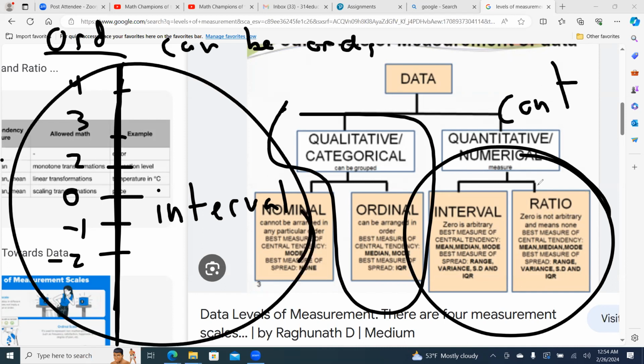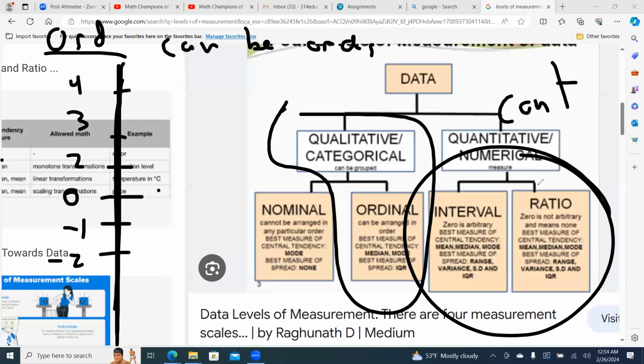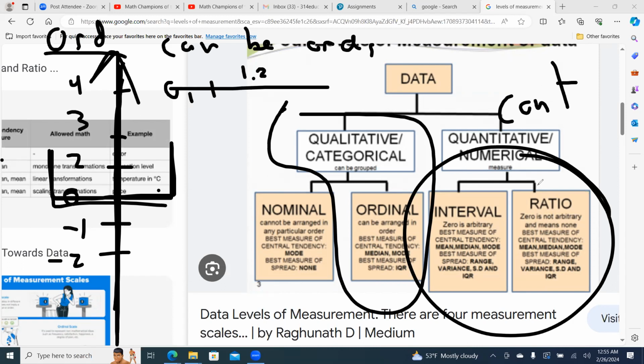If we cut off the negative values, in real life, time cannot be negative. Time is a ratio. Most measurements are ratio. If you start only at 0 and go up, we have 0, 1, and infinitely many values in between. If we have a scale 0 and beyond, then it is going to be a ratio.